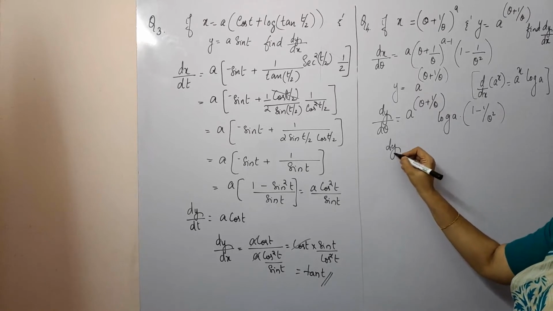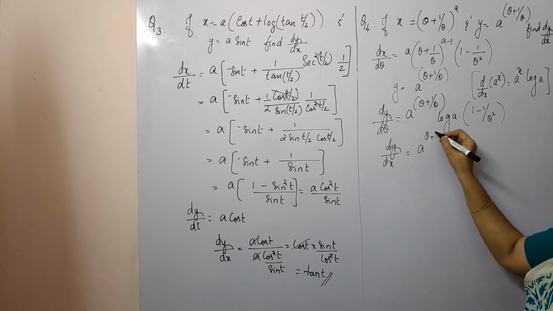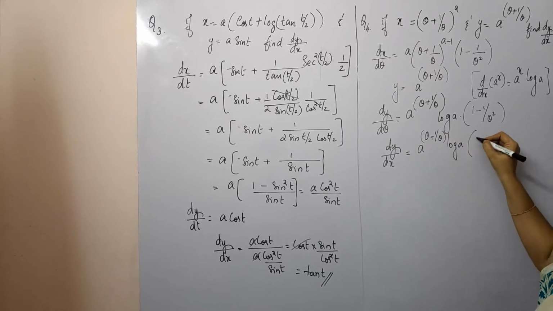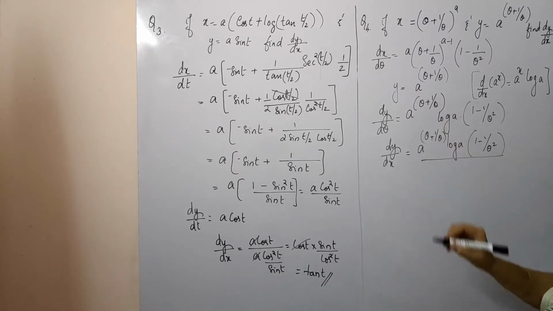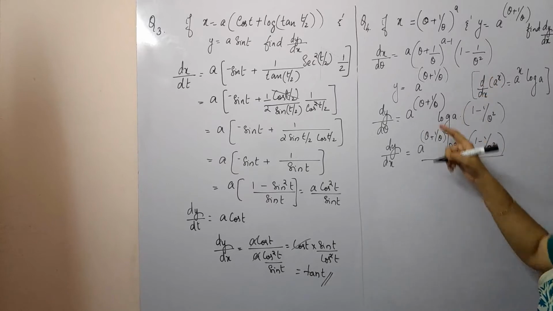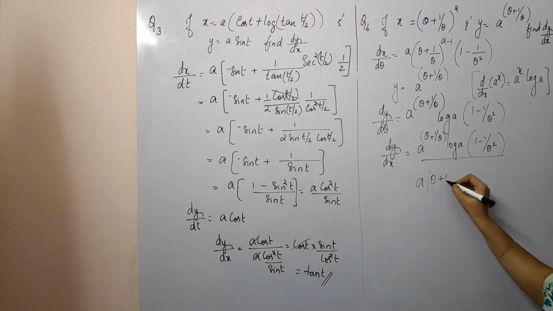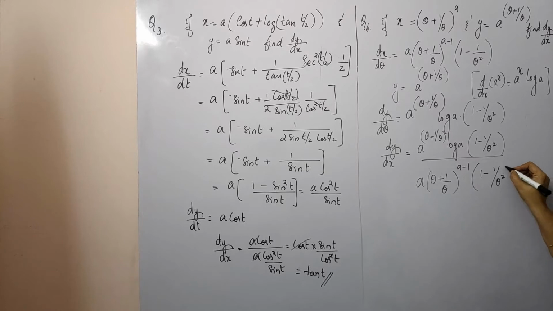So dy by dx is equal to a raised to the power of theta plus 1 by theta into log a into 1 minus 1 by theta square, that is dy by d theta, divided by dx by d theta, that is a into theta plus 1 by theta the whole raised to the power of a minus 1 into 1 minus 1 by theta square.